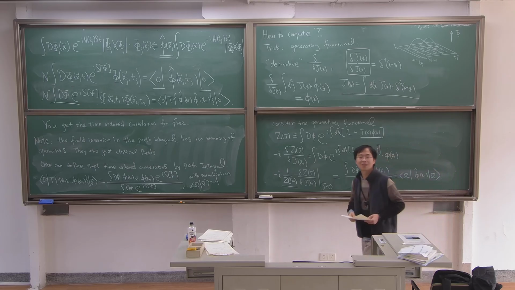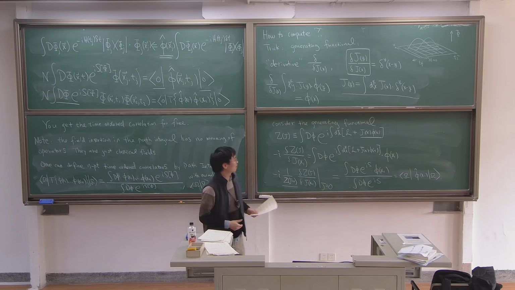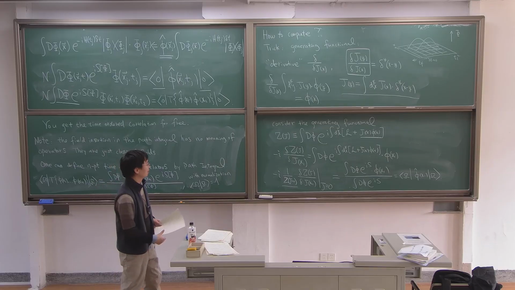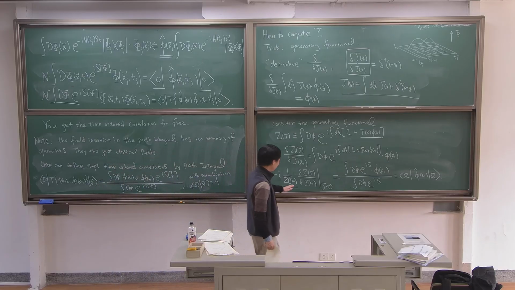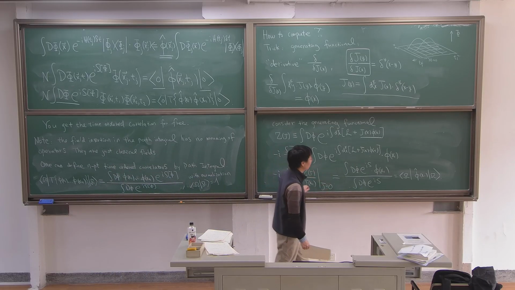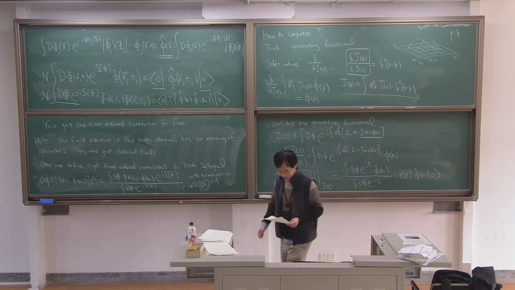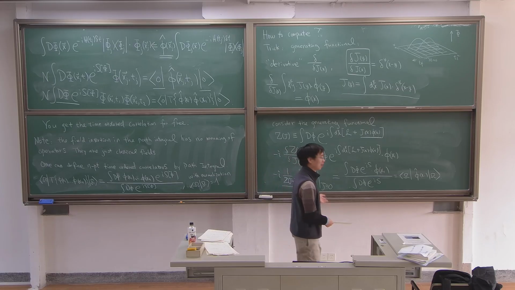So as you can see, I employ this generating function trick by introducing this new source j. We successfully computed this one-point function here. Now this trick you can immediately generalize to the n-point function.